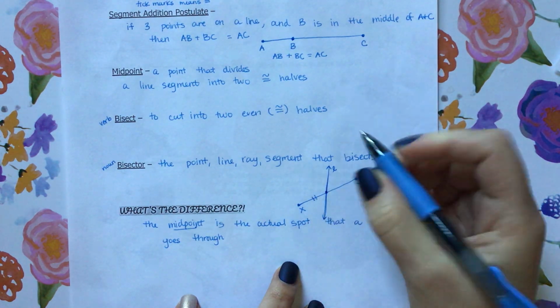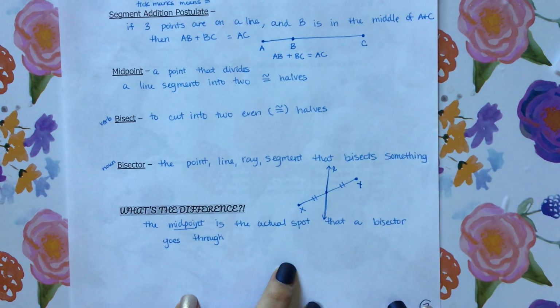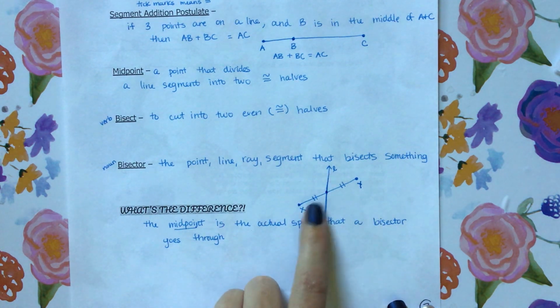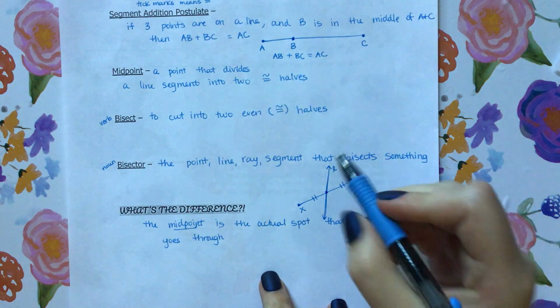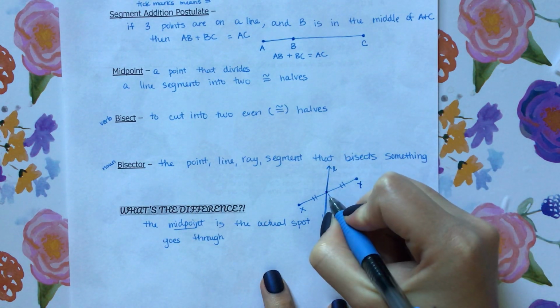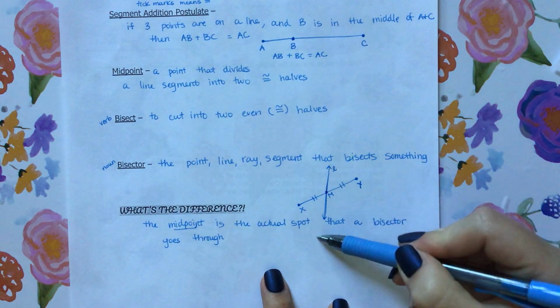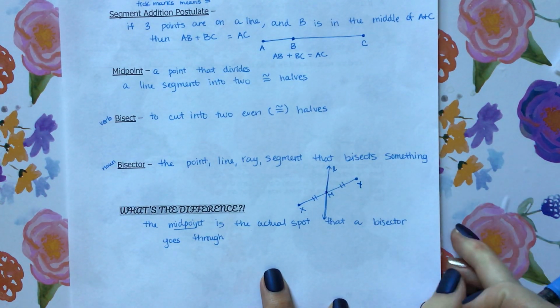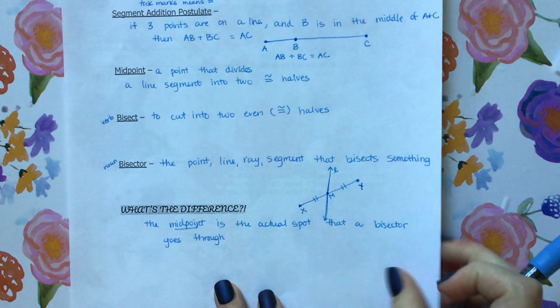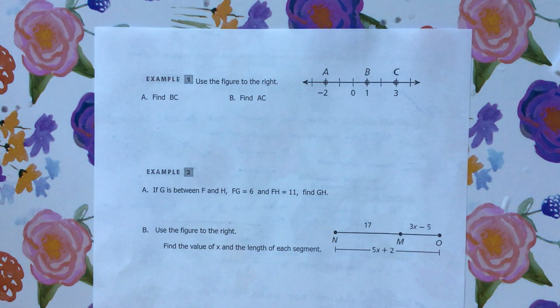And that cuts that perfectly in half, like so. So these two are now congruent to each other, and the midpoint is point M right here. So line L is the bisector, M is the midpoint. Hopefully that's making sense. Let's put that into practice on the back of the page.